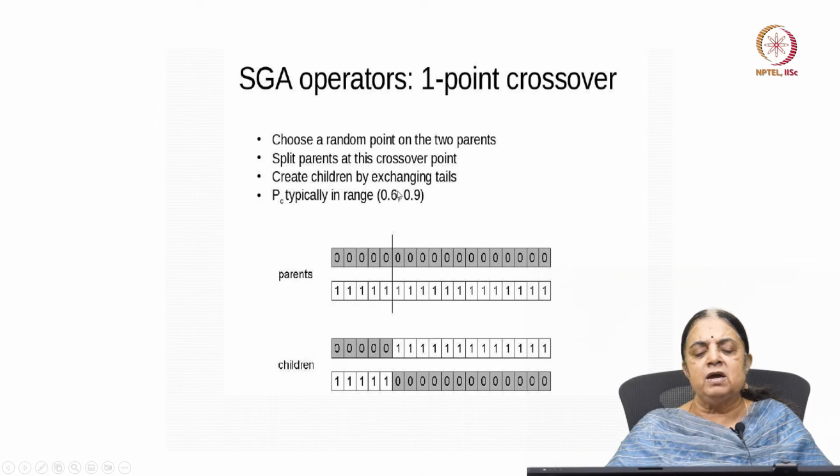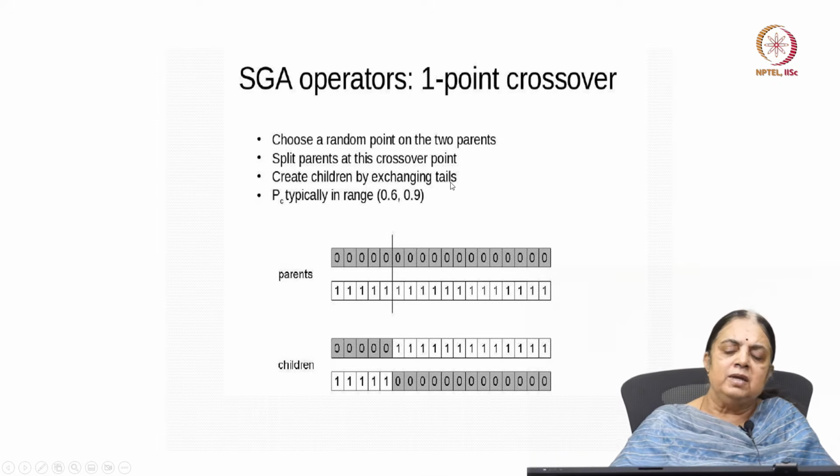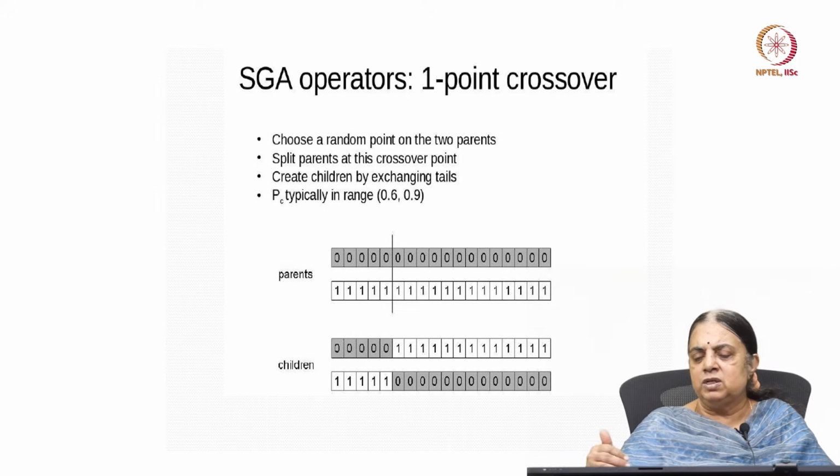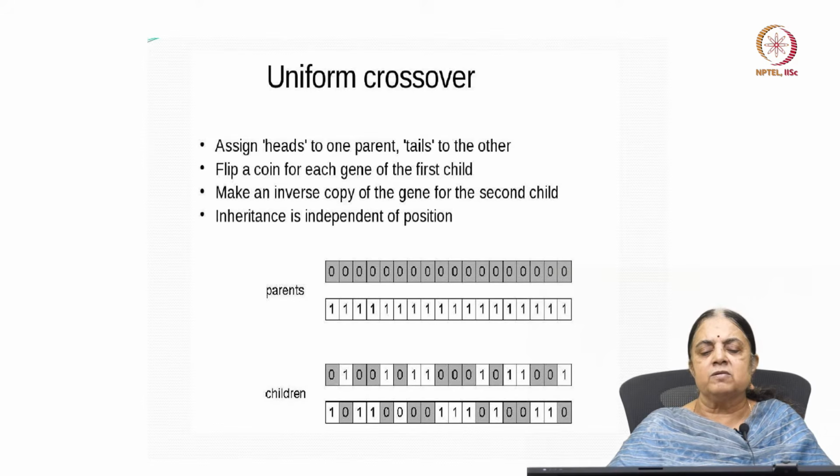It's actually very high, generally around 0.9. Then you interchange the material of the two strings with each other so that they combine together to form new strings. So you are exploring new regions of the solution space.